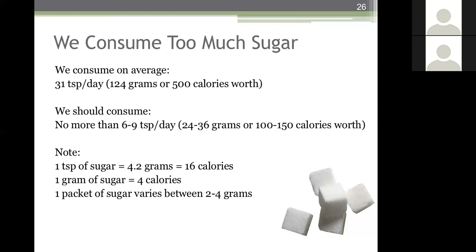So why don't you just forget about teaspoons and look at grams. Based on the World Health Organization's guidelines and the American Heart Association guidelines, roughly based on caloric intake and body size, we should be having no more than 24 to 36 grams of sugar a day. 1 teaspoon is 4 grams, if you must know.